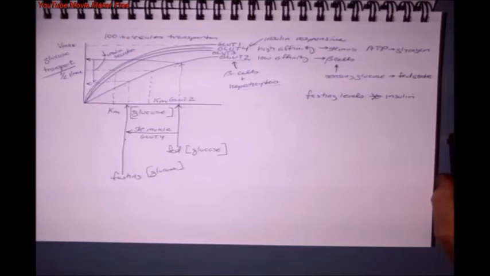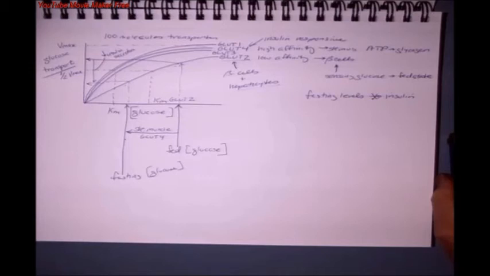GLUT4 is on skeletal muscle because in a fed state, you want skeletal muscle to have glucose available, because skeletal muscle needs to recharge ATP and store glucose as glycogen for when you go into a fasting state. So logically, you want a high affinity, low Km transporter. You want to pull that glucose in as fast as you possibly can.